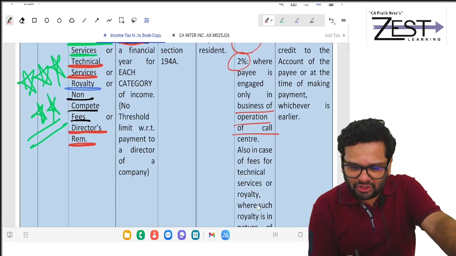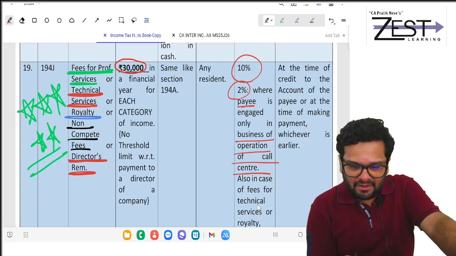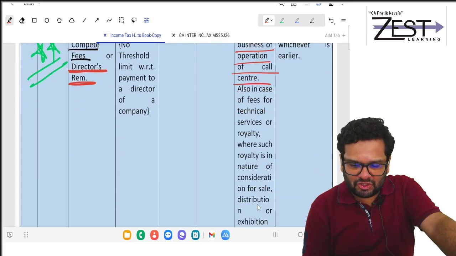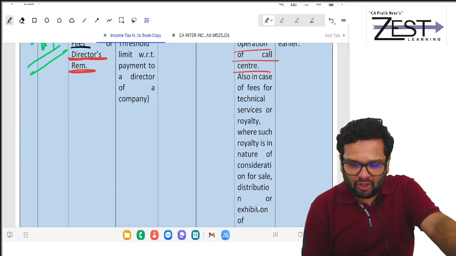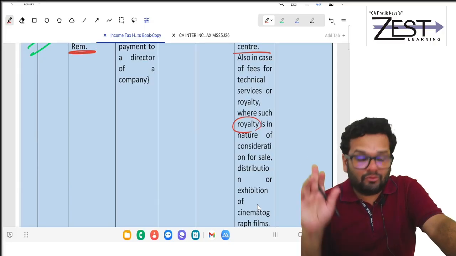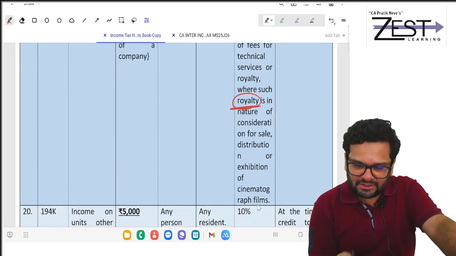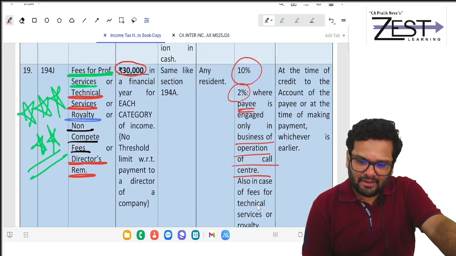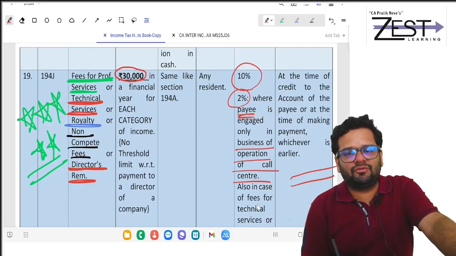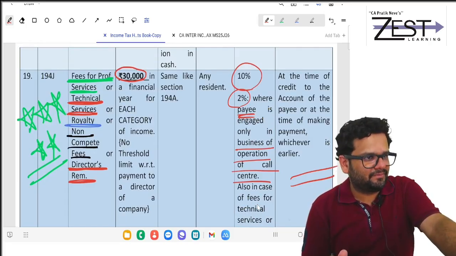Payee is engaged in business of operation of call center. Also, where fees for technical services or royalty is in the nature of that for movies, cinema halls, 2%. At the time of credit or at the time of payment, whichever is earlier.